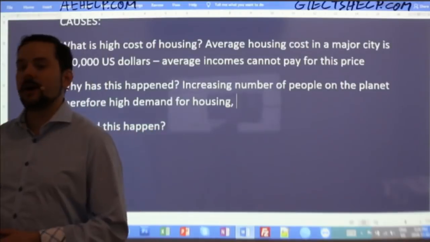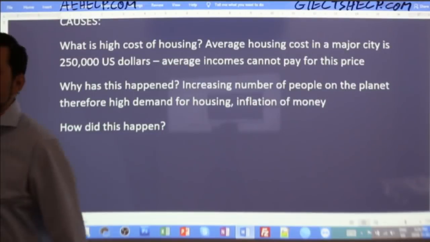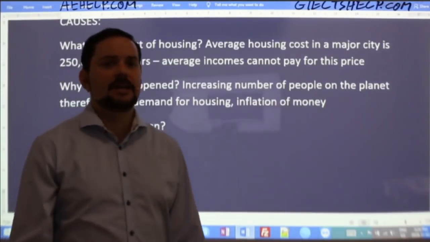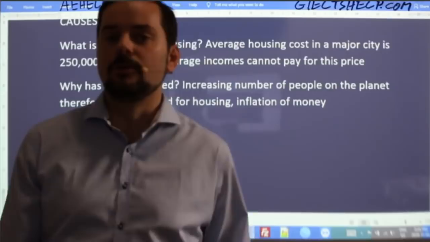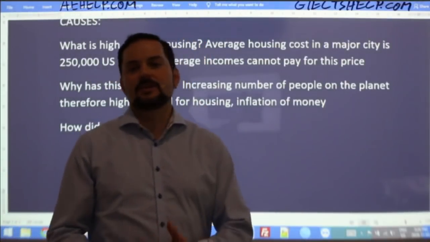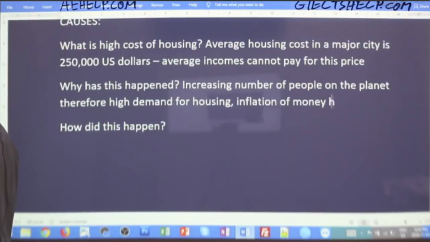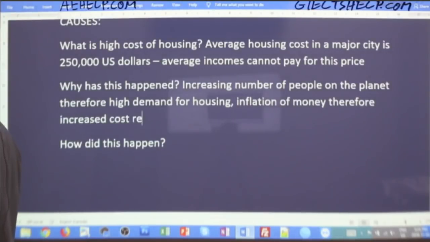Yeah, or maybe some of you might agree with me on this, the inflation of money. So simply money has become less valuable, and so a lot of products and services in the world have become more expensive. So inflation of money, therefore increased cost relative to wages.